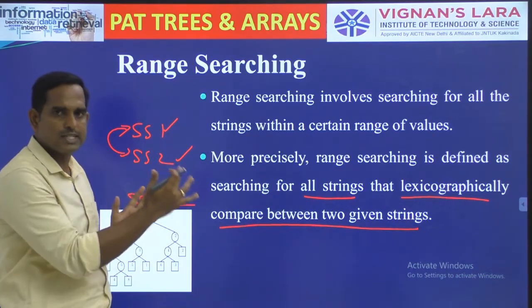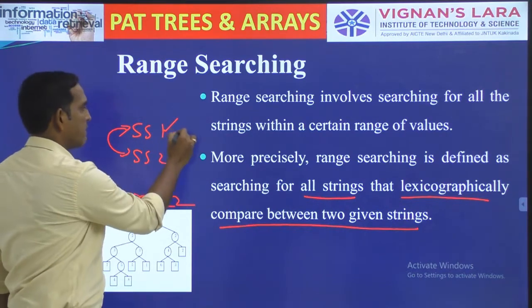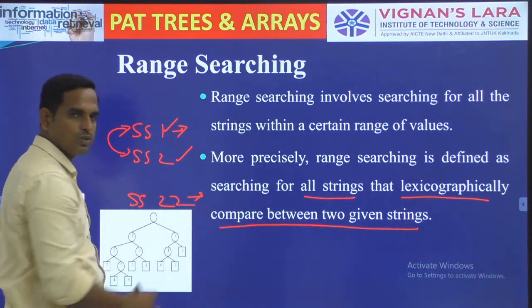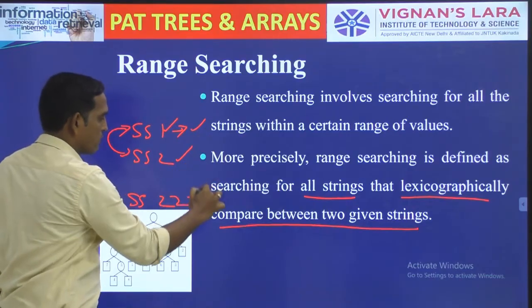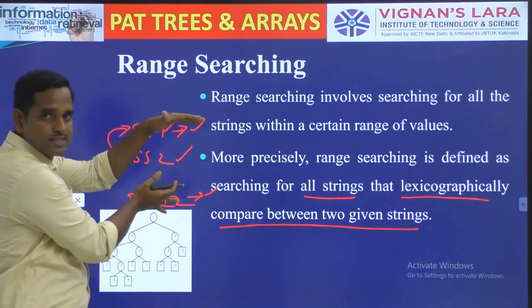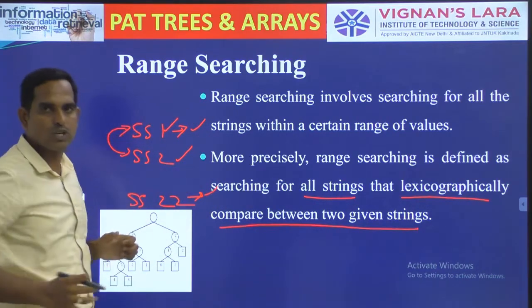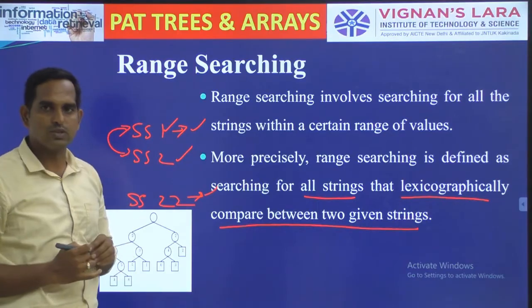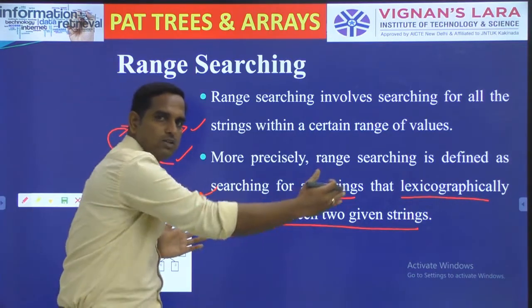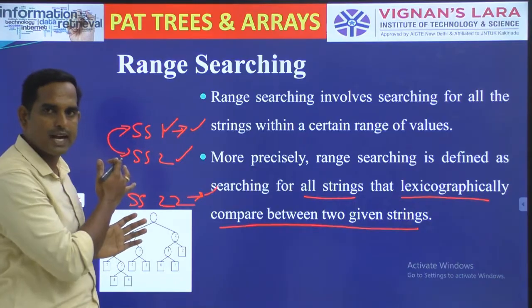Among this set of values, that is, if you are having S1 and suffix string 22, lexicographically how to find all the suffix strings which are present between them. You can sort all the values. I have given an example regarding this one.